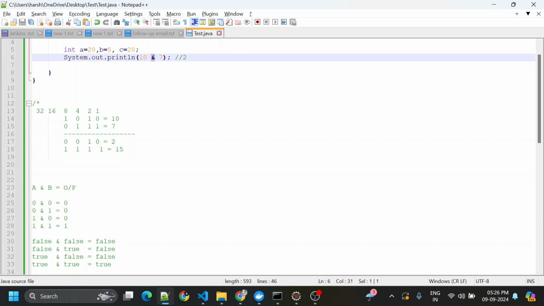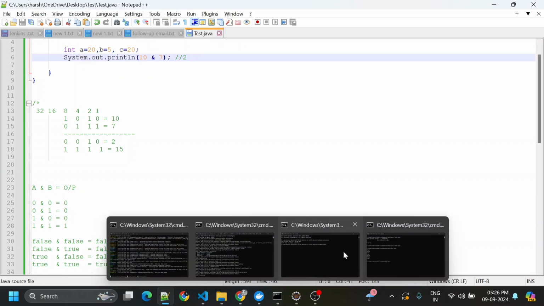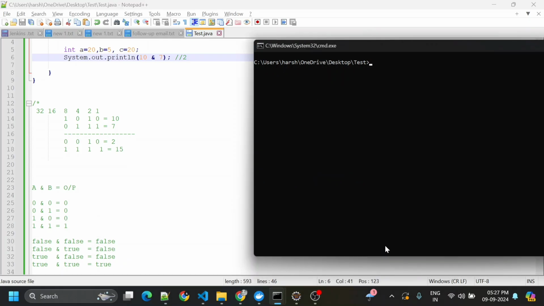AND is the bitwise operator, guys. We will see whether we get the answer 2 or not, then we will jump to the other section and understand how we get the answer 2. Let me compile and execute this. Okay, we are getting the answer 2.